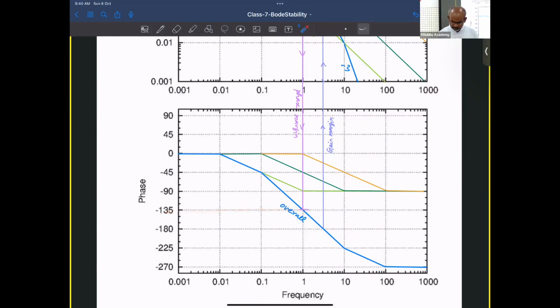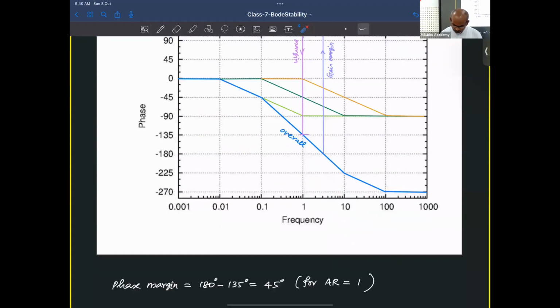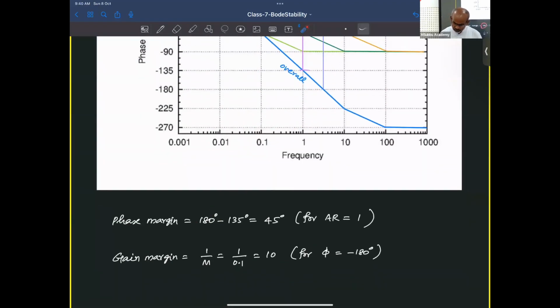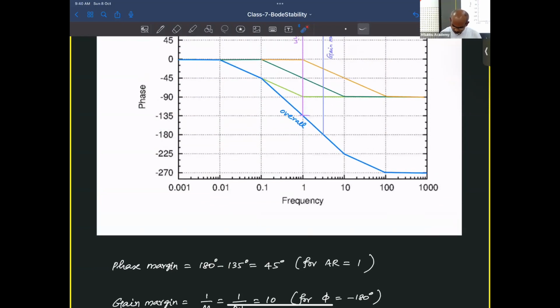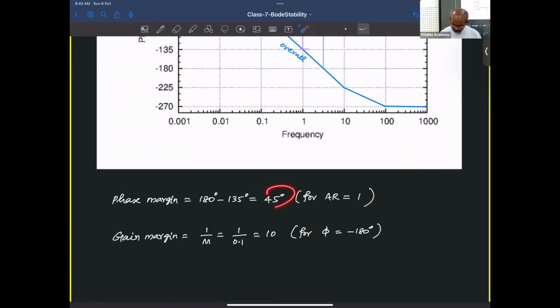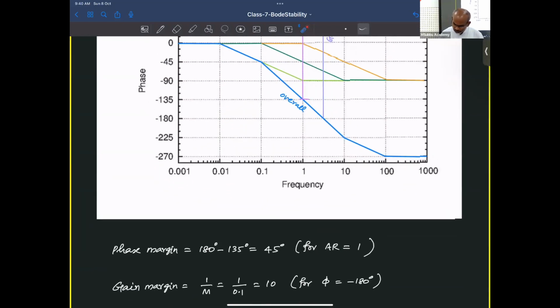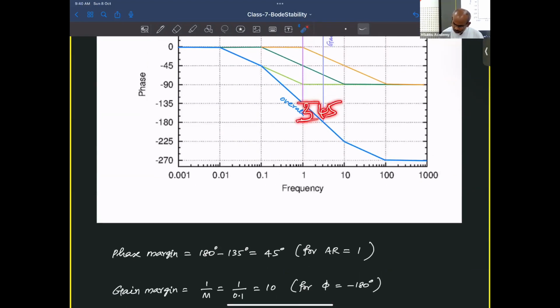The phase angle corresponding to an amplitude ratio of 1 is noted, and the phase margin is 180 minus this phase lag. That is, 180 minus the phase lag corresponding to AR of 1. So here we have a phase margin of 45 degree.